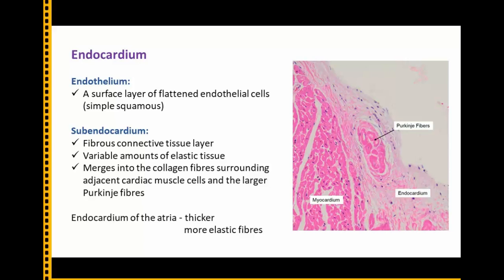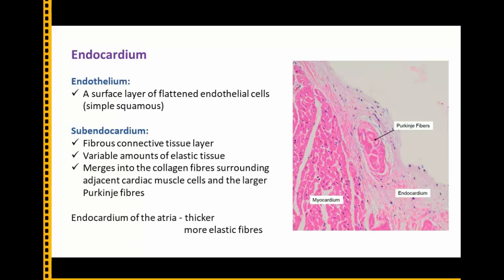Then comes the endocardium. It is a surface layer of flattened endothelial cells. It has a subendocardial layer, a layer beneath the endocardium. It is fibrous connective tissue. It also has a variable amount of elastic tissue, which allows the endocardium to stretch.